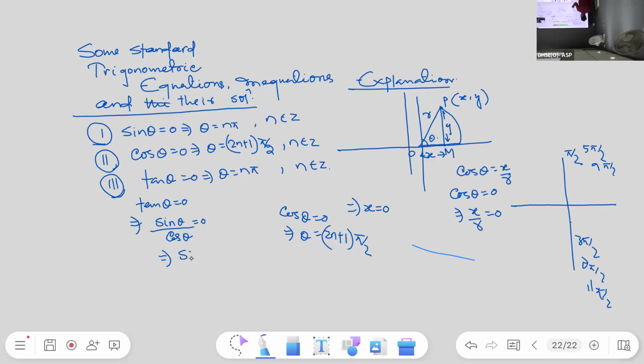This implies sin theta is equal to 0 implies theta is equal to n pi. These are the standard trigonometric equations and their general solutions. Quickly note it down.